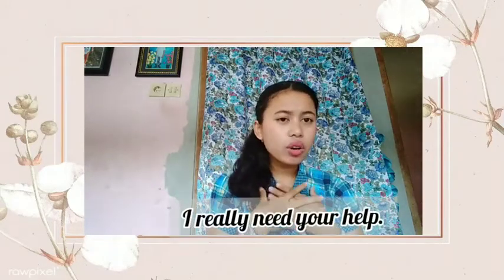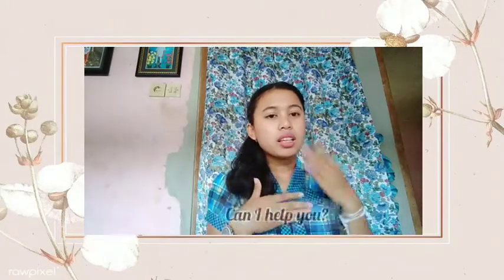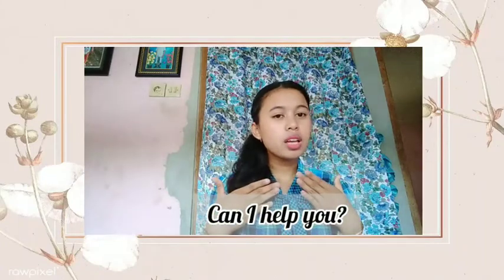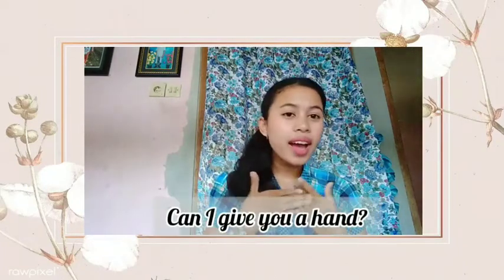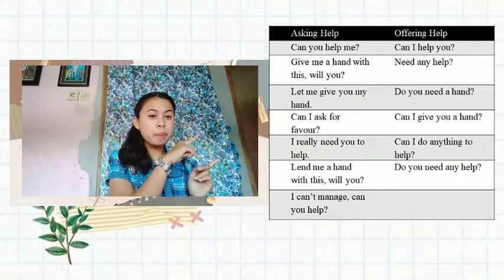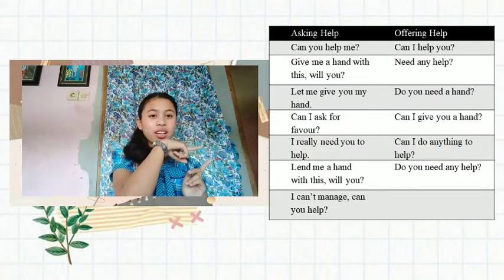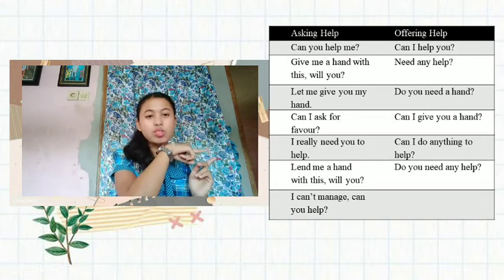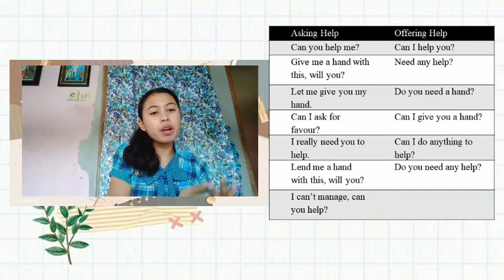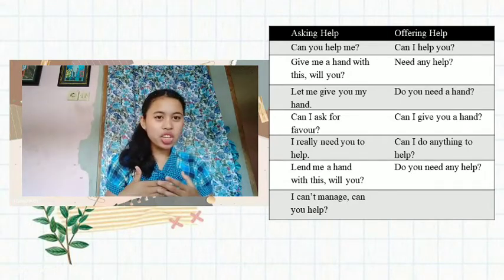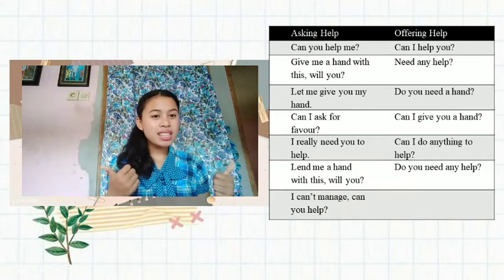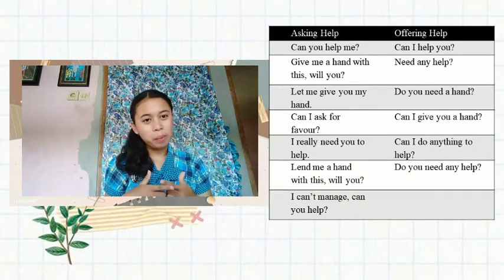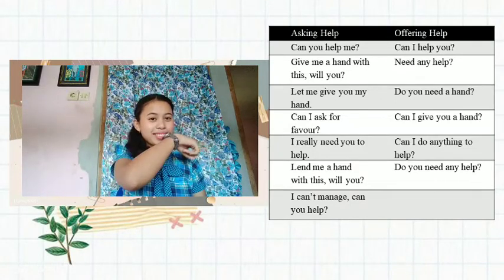I really need your help. Can I help you? Can I give you a hand? And so many others. You can see other examples on the table here. I put some examples of informal expressions of asking and offering help. Just look at this one.